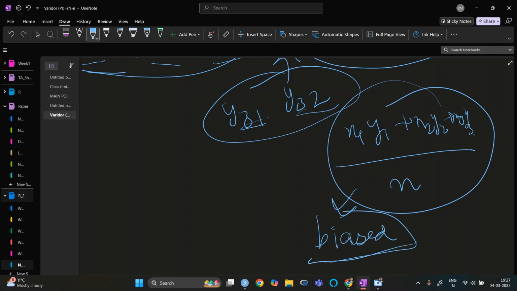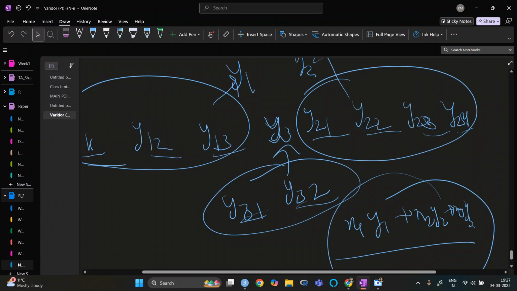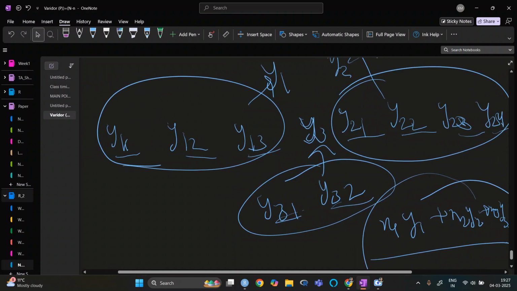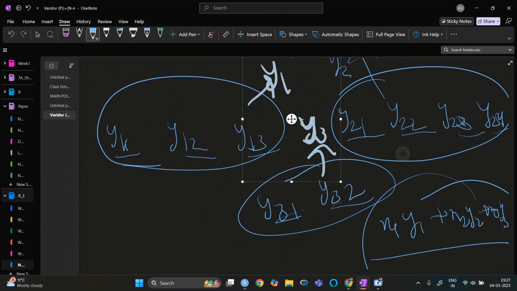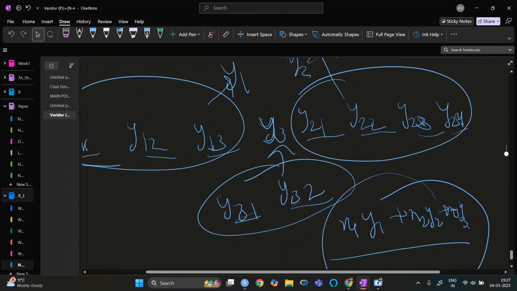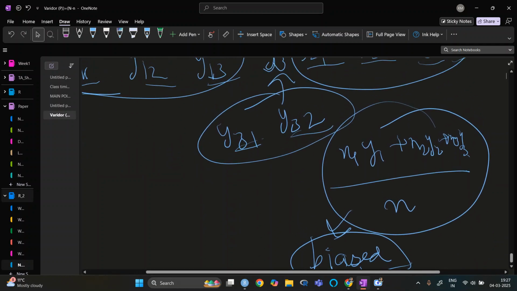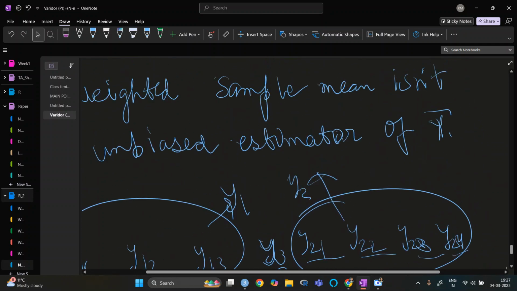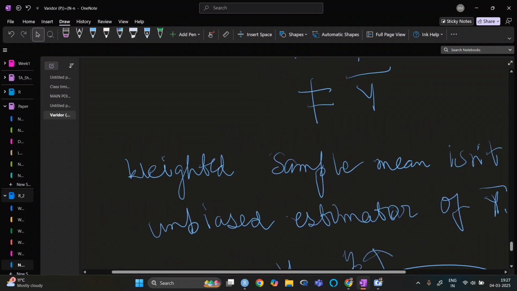This one is biased. If I'm taking y1, the average is basically y11 plus y12 plus y13 plus y21 plus y22 plus y23 plus y24 plus y31, etc. If I'm taking it in that way, divided by total n, this one will be unbiased. If I'm taking the weighted one, then this one is a biased estimator. This is in simple language.